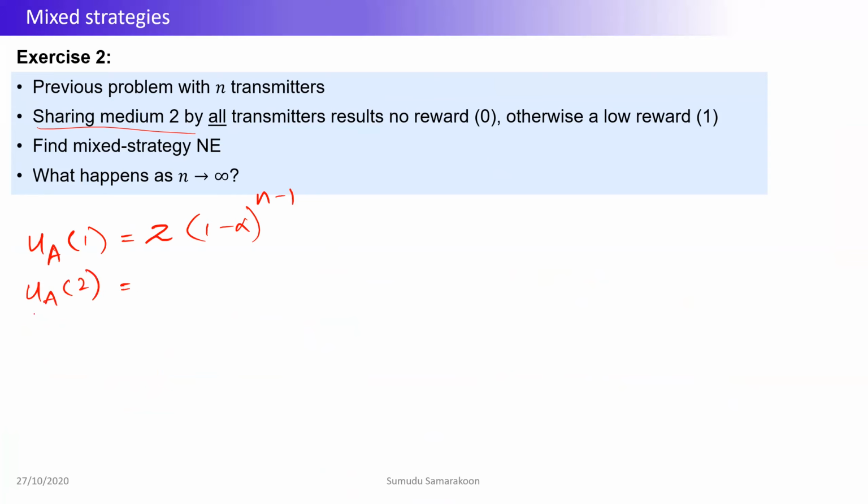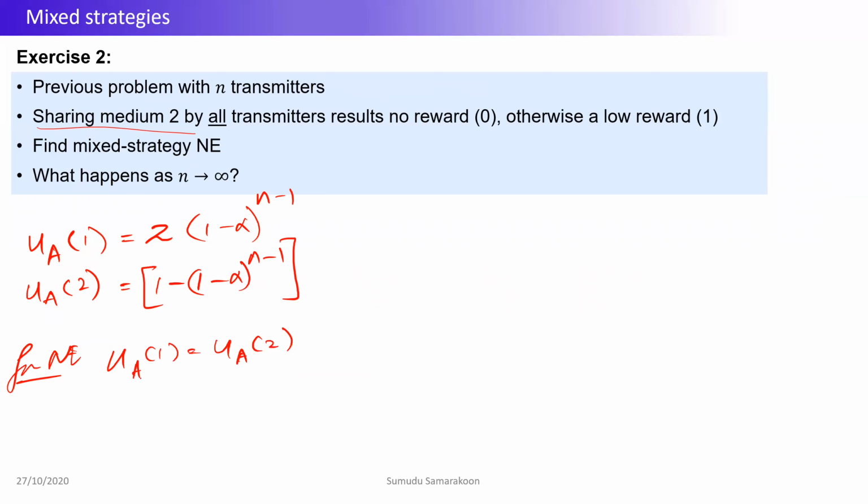When a transmitter accesses medium 2, he gets a reward all the time except when everybody accesses medium 2, in which case he gets a reward of 1 otherwise. So for Nash equilibrium, we need UA1 equals UA2. If we follow the same steps as last time, it should be 1 minus 1 over 3, 1 over n minus 1.